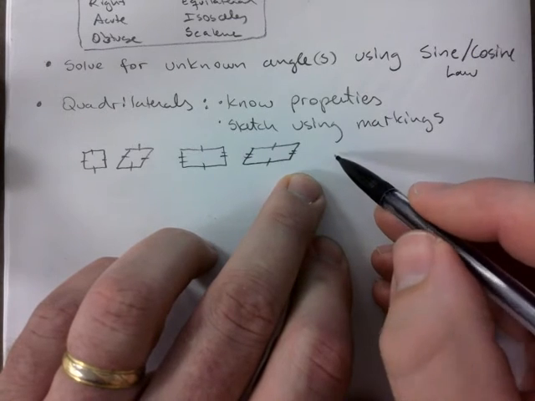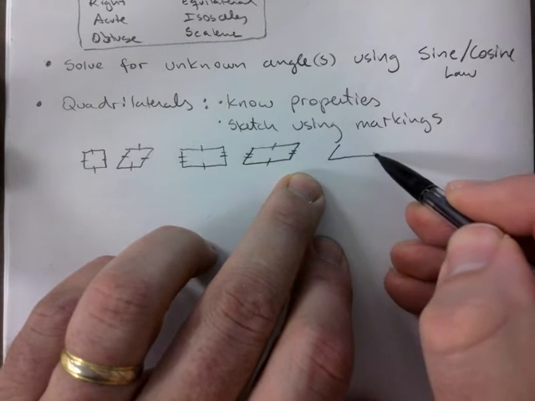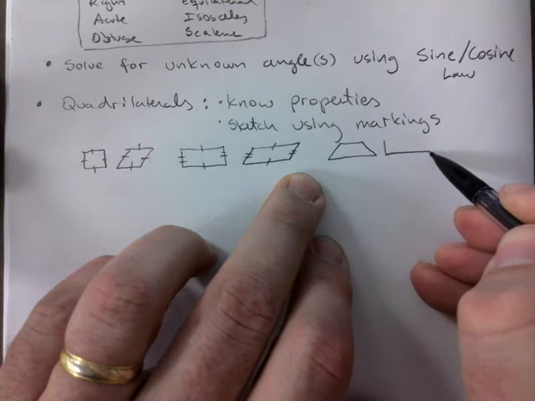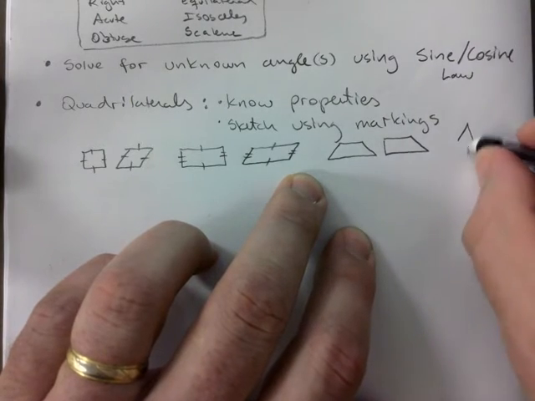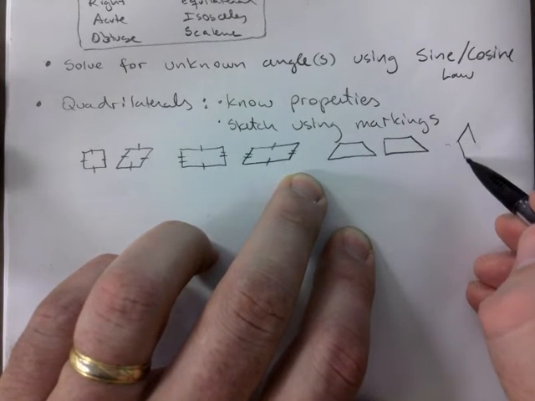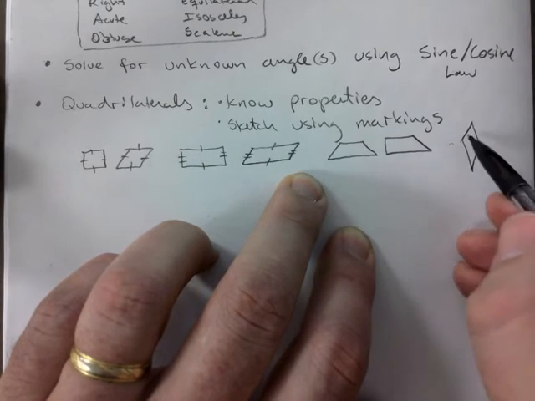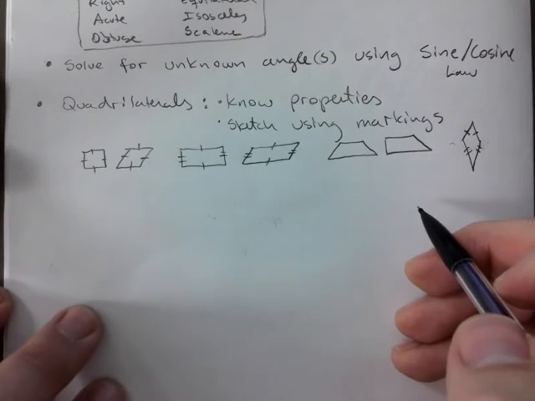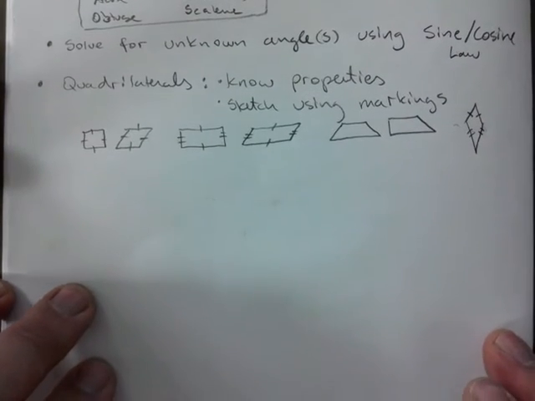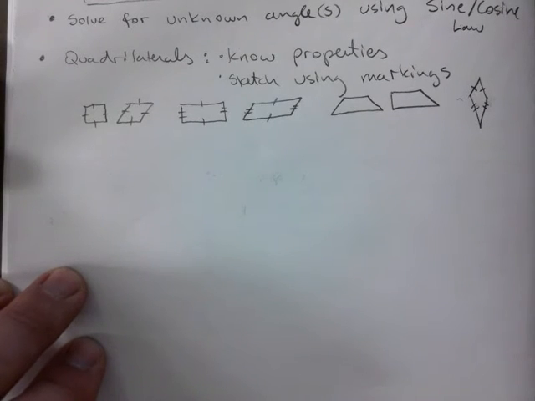We have our trapezoids, and we have our kite. Sorry. Okay, where we know that these are the same, these are the same. Don't forget parallel lines, that's also a good property to have, of which the kite is the only quadrilateral that does not have parallel lines. That's something worth noting. It very much distinguishes it from all the other ones.